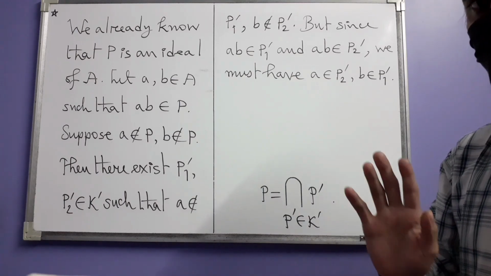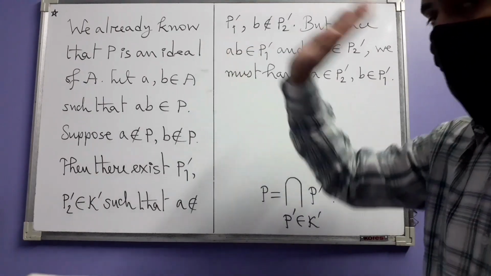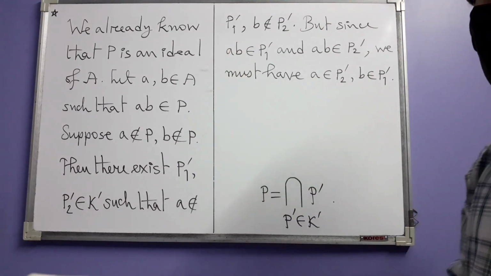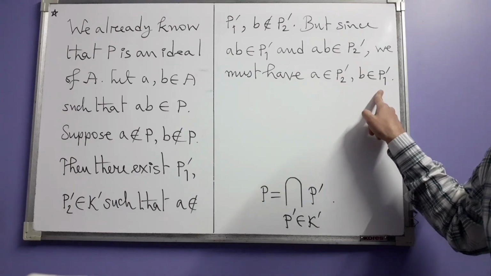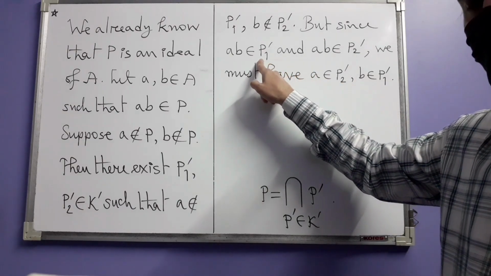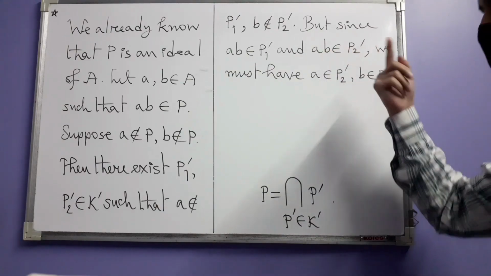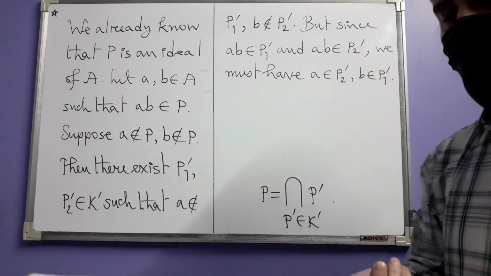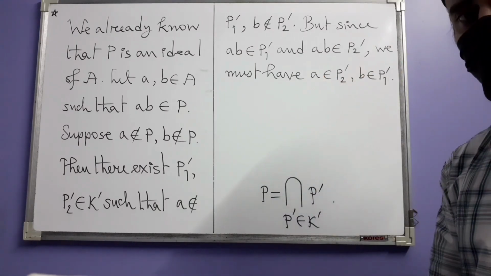At least one of these two things has to be true. But A already is not an element of P1 prime. So that forces B to be an element of P1 prime, because otherwise the primality of P1 prime would be violated. In a similar manner, from this one and the fact that P2 prime is also a prime ideal of A, you get this, that A belongs to P2 prime.